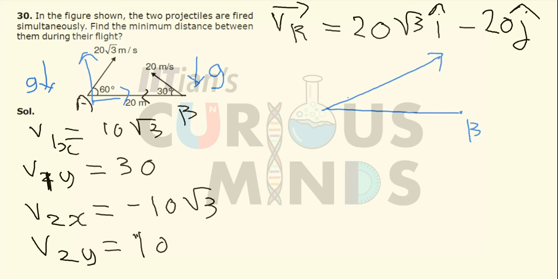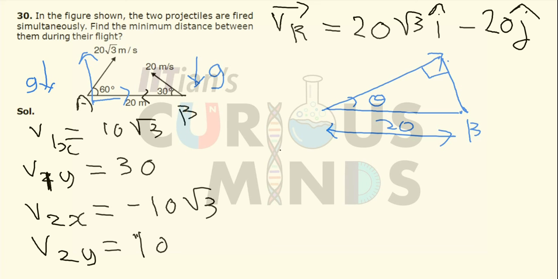The first particle is traveling at an angle theta, and since I want to find out the minimum distance, at the minimum distance this relative velocity will be perpendicular to B. So let us first find out the value of theta. This distance is given as 20. The relative velocity is given as 20 root 3 i cap plus 20 j cap.